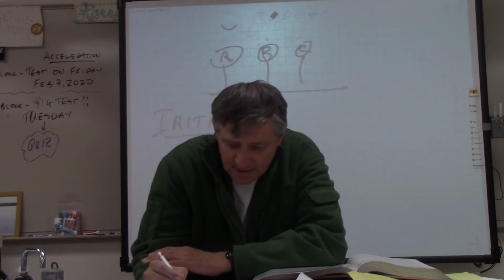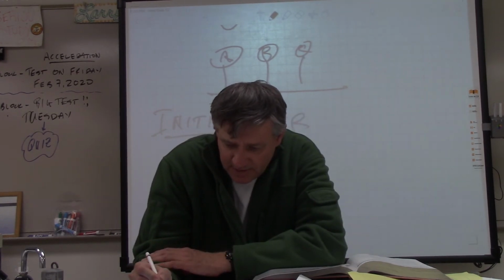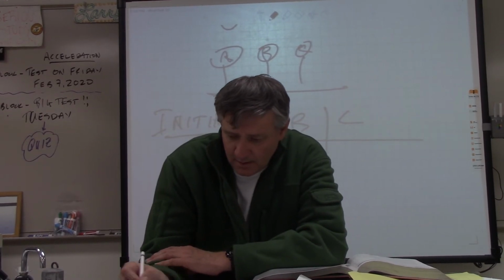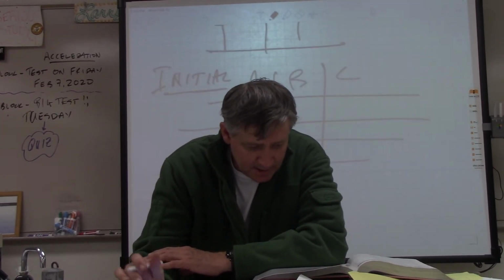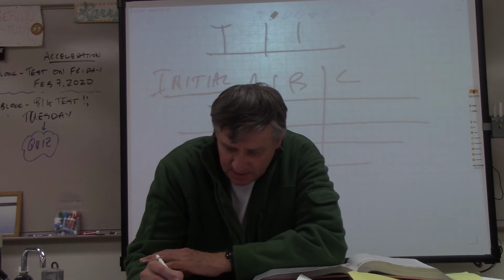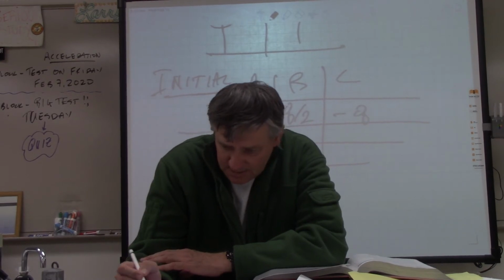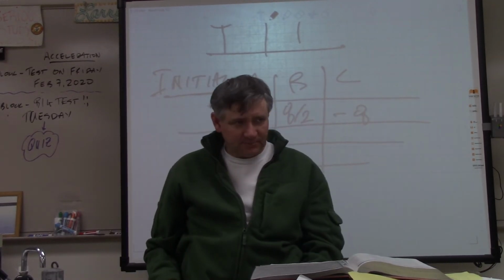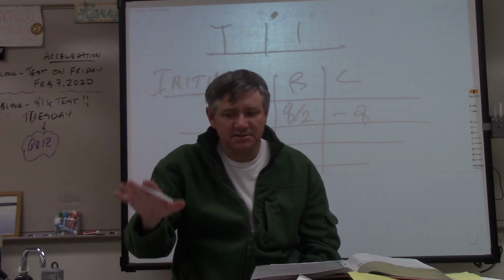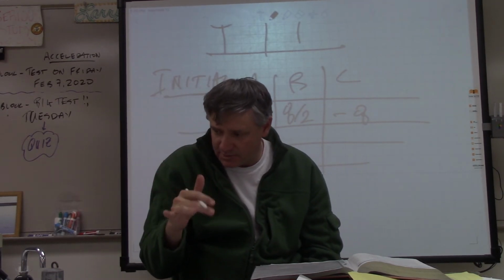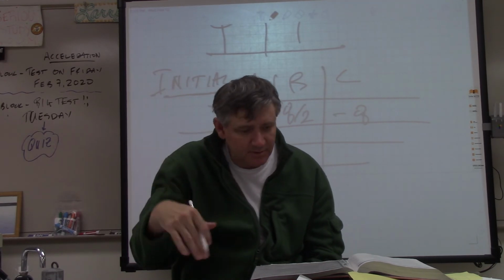So initially, you're going to have sphere A, sphere B, sphere C. And let's say that A is initially neutral, B has a charge of a half Q, C has a charge of negative Q. Okay, so C is negatively charged, B has a half of a positive charge, and A is going to be neutral. So that's how everything is to begin with.